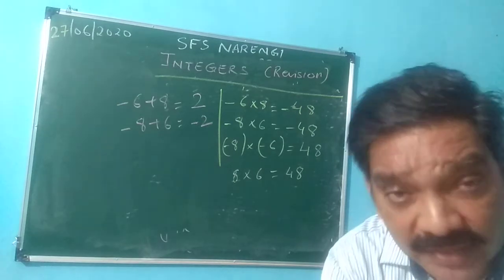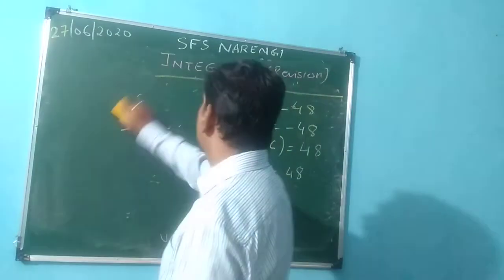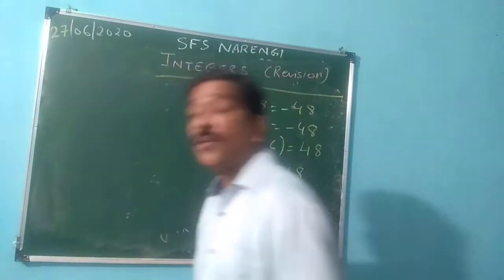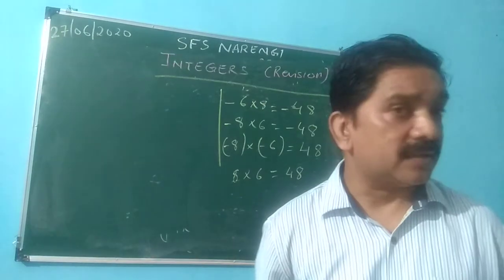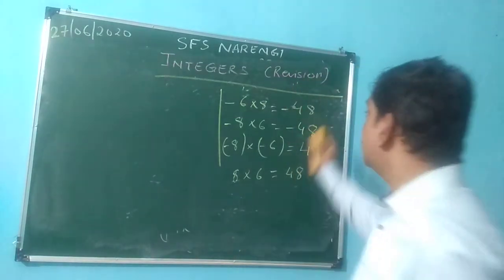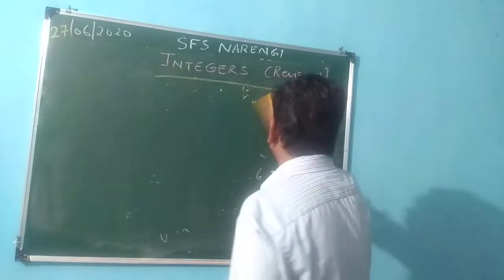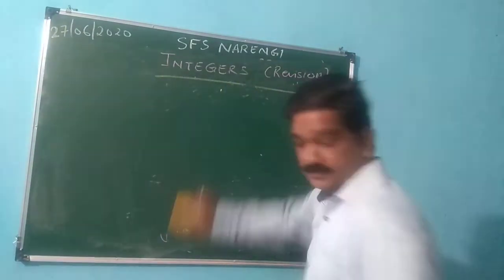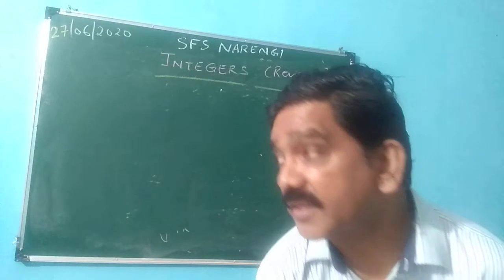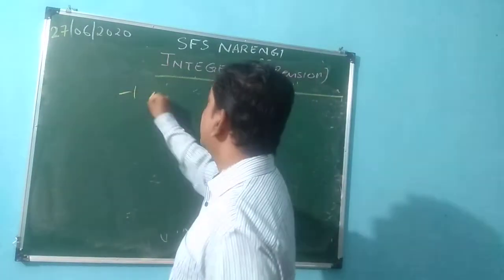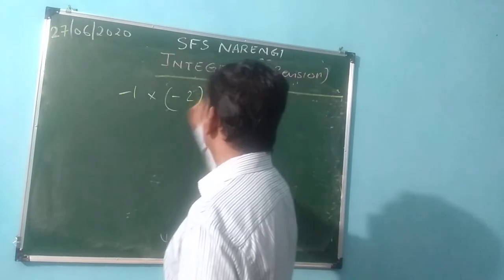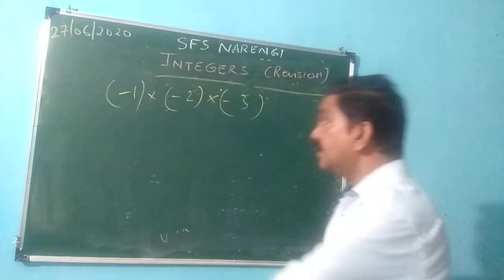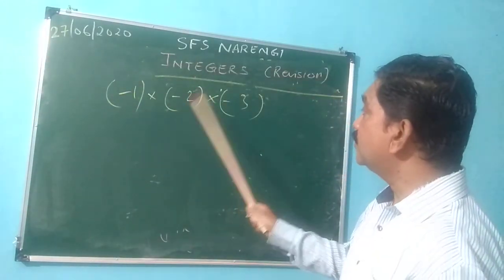Now, what will happen if negatives are together? What will happen if only the negatives are there? For example, if I write minus 1 into minus 2 into minus 3. See here, minus 1 into minus 2 into minus 3.